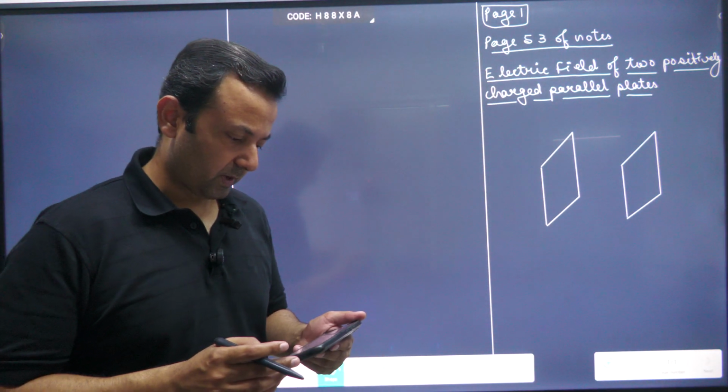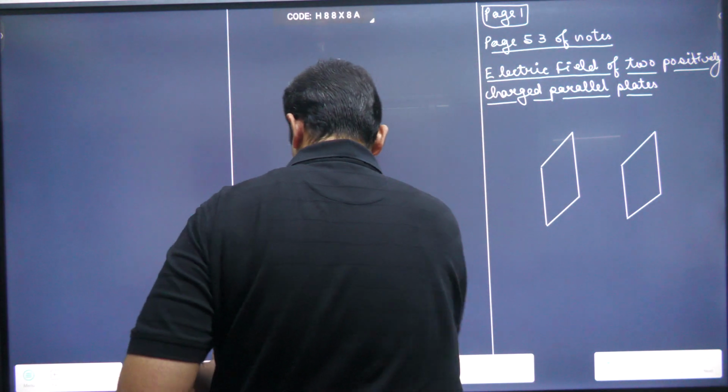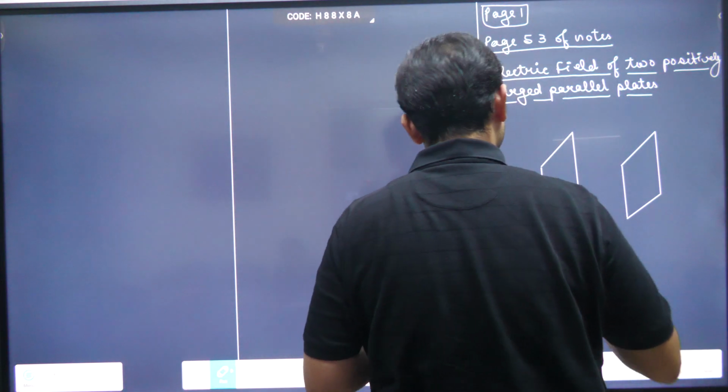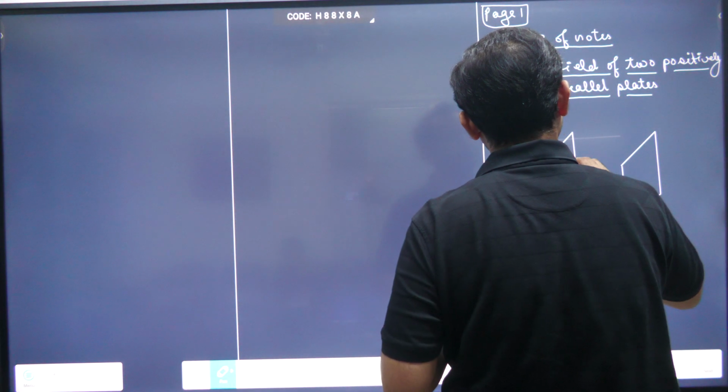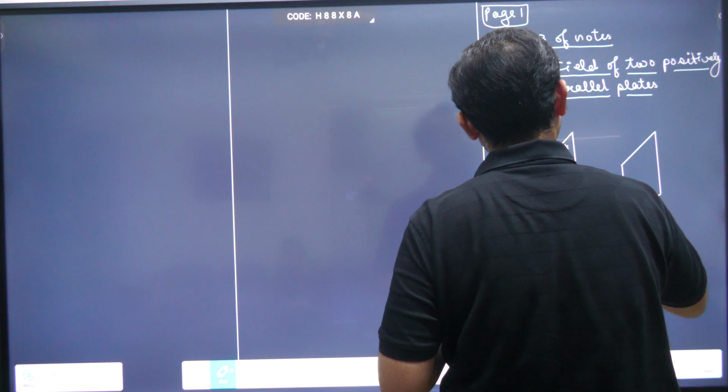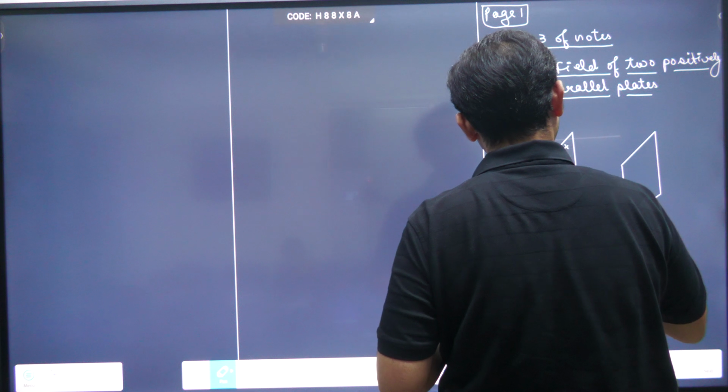These are the two parallel plates, and both these plates are positively charged. So plus, plus, plus, plus, plus, plus, plus, plus, positive, positive.